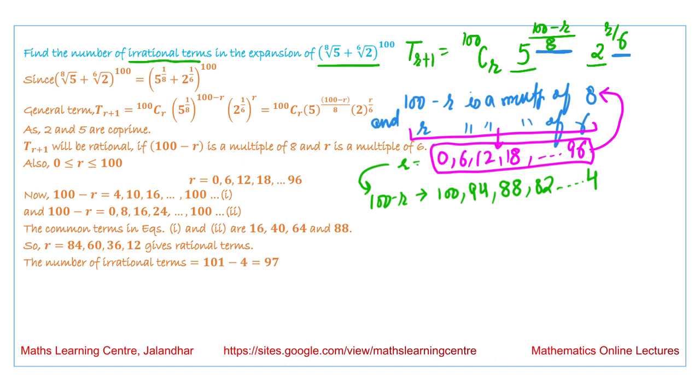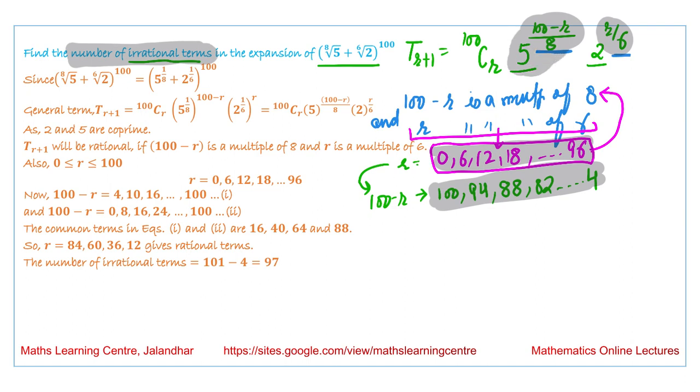Now out of these terms, we are interested in those which are a multiple of 8. We want to find the number of irrational terms, so we are trying to find those for which these terms are rational. So we have calculated the values of r for which the power of 5 is rational.